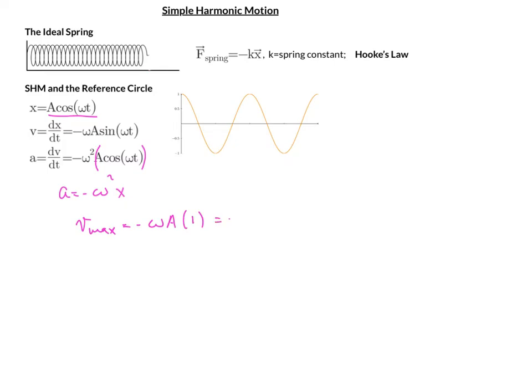So V max is then plus or minus omega A, and a max is going to be negative omega squared times A, where we set the cosine equal to plus or minus 1. So we want the function to be maximum, and that gives us 1 for cosine or sine.